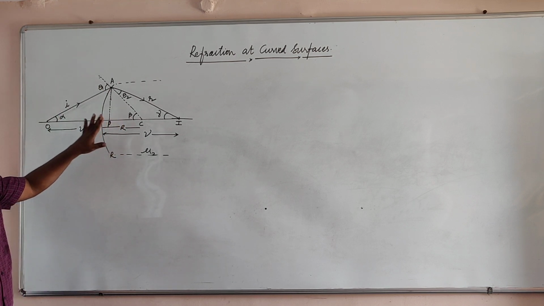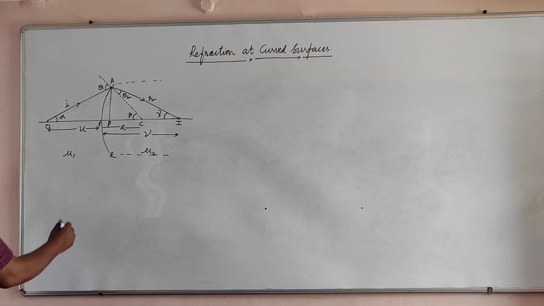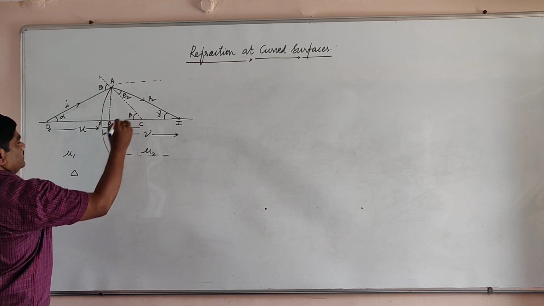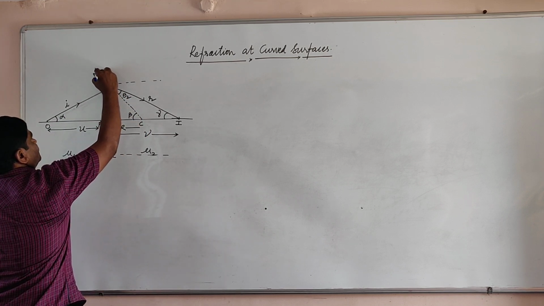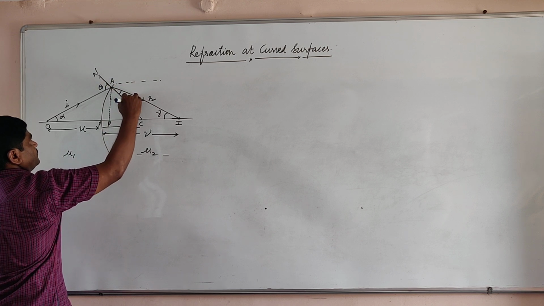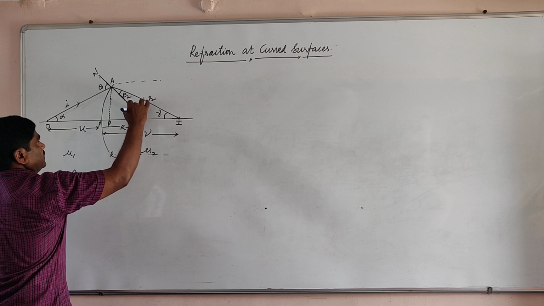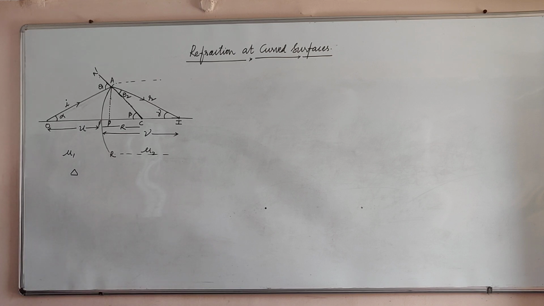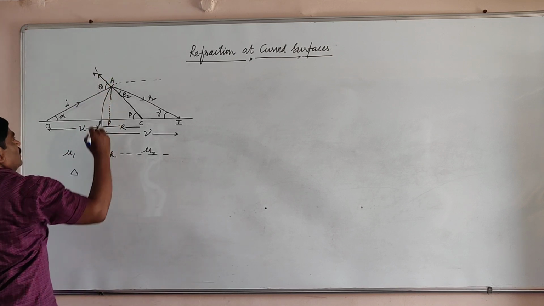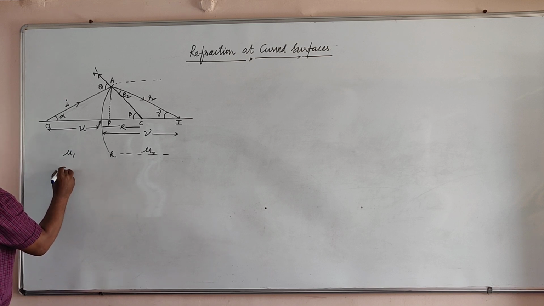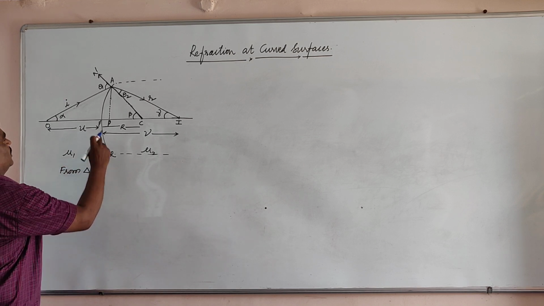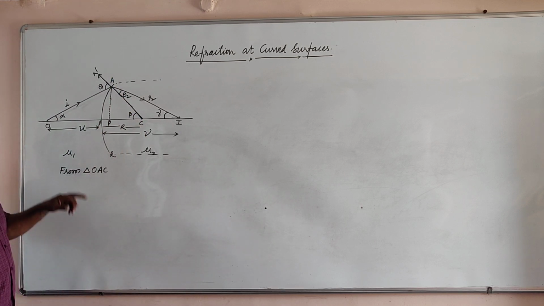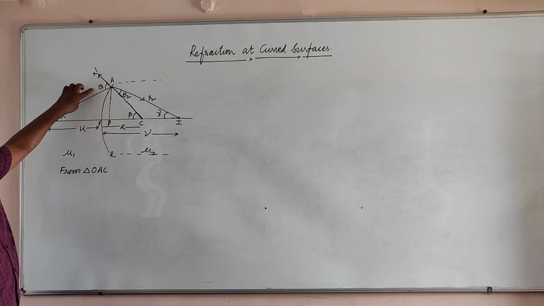Now according to triangle principles, take triangle OAC. This is the normal line. In triangle OAC, angle OAN is the external angle of this triangle.